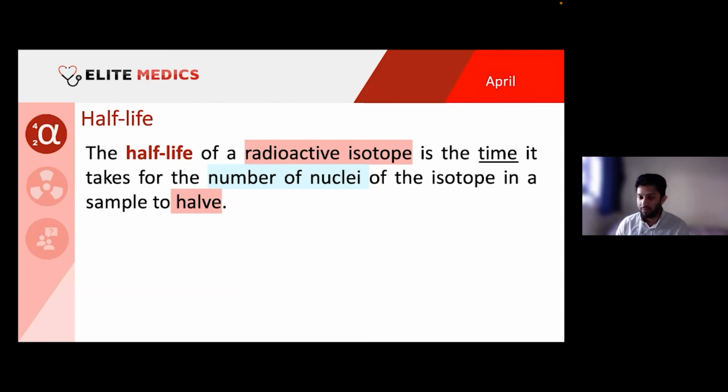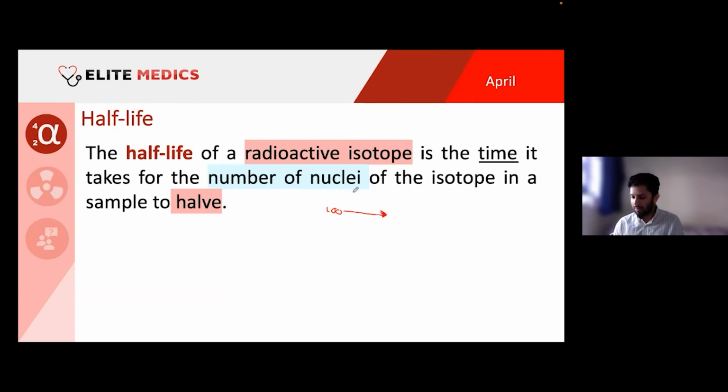Okay, so for example, say I've got 100 radioactive nuclei. The half-life is a time. We're measuring a measurement of time. It's the time it takes for this 100. And remember, it's an unstable nucleus with loads and loads of neutrons and not enough protons, so it's going to want to decay.